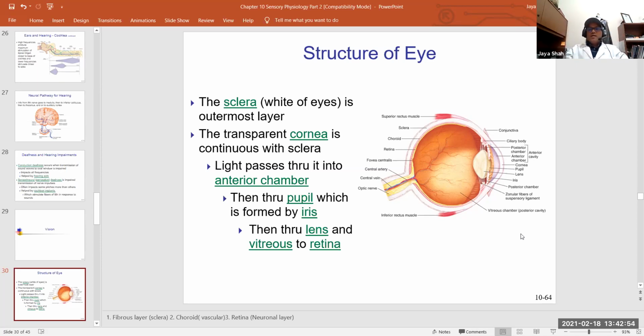If you take out the eye, this is the anterior pole of the eye, this is the posterior pole of the eye, and then this is the optic nerve coming out of the eye, which goes to your brain in the occipital lobe.